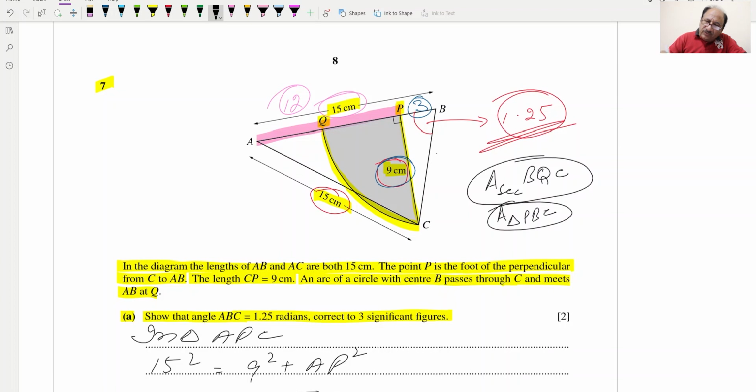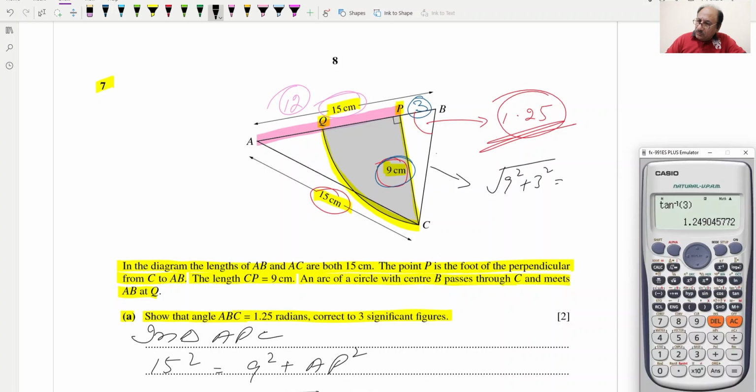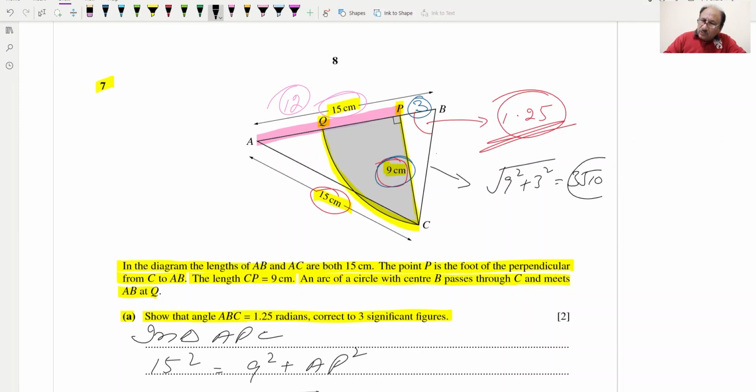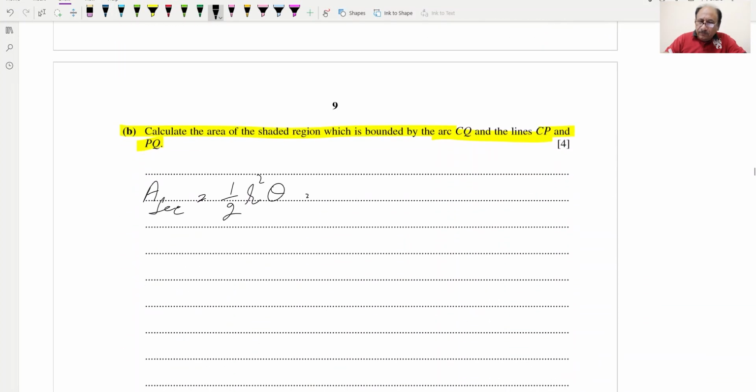The other side will be the square root of 9 squared plus 3 squared, which is equal to 3 root 10. So this will be the BC length.